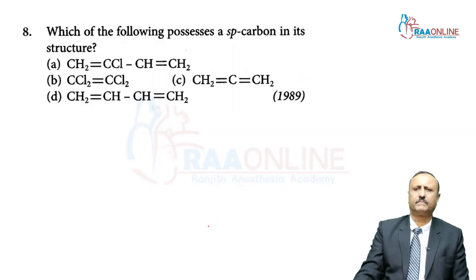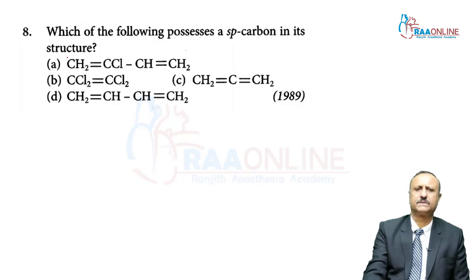Which of the following possesses an sp carbon in its structure? This question also came in the 1989 NEET exams. Here my dear students, this CH2 is attached with a double bond, and this carbon atom is also attached with a double bond. That is why sp2 hybridization is present.